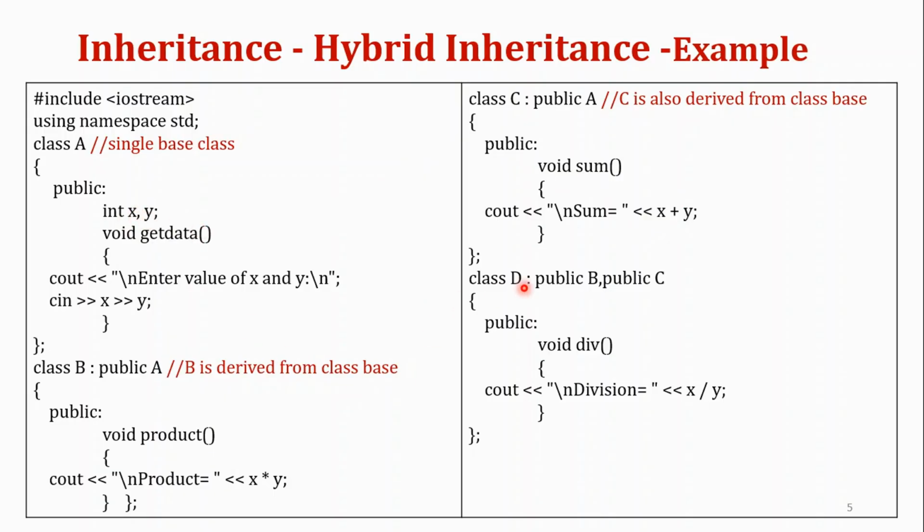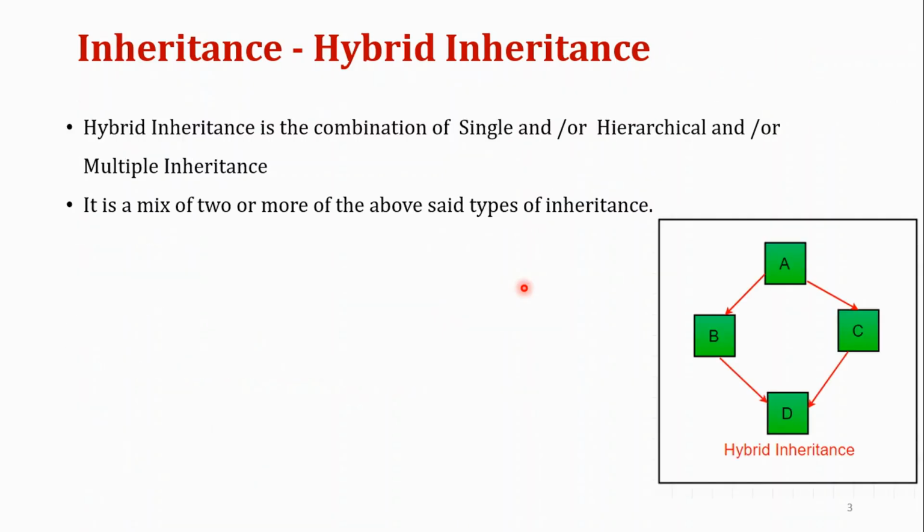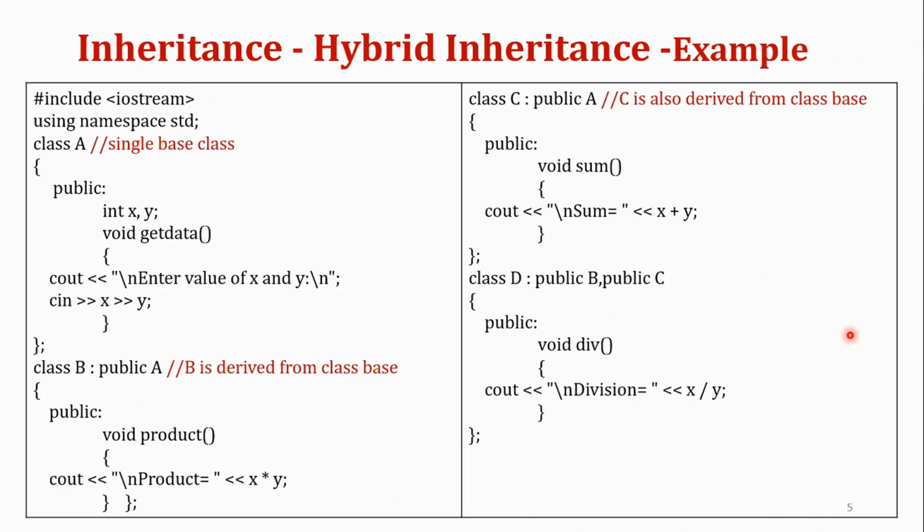Coming to the last class, class D. Go to the diagram. Class D is inheriting from class B and C, multiple base classes. So class D colon public B, public C. Because of B and C, class A is inherited in both classes.